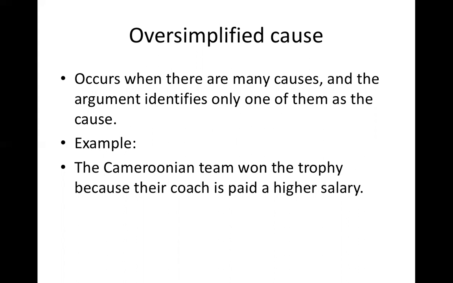So a high salary alone cannot bring a trophy, unless the high salary leads a coach to take a decision to coach his team well enough to win. And not only that, his team accepts his proposal and they play well enough to win. Those are the things that would secure a trophy. So you see that a higher salary is not what can give you the trophy.